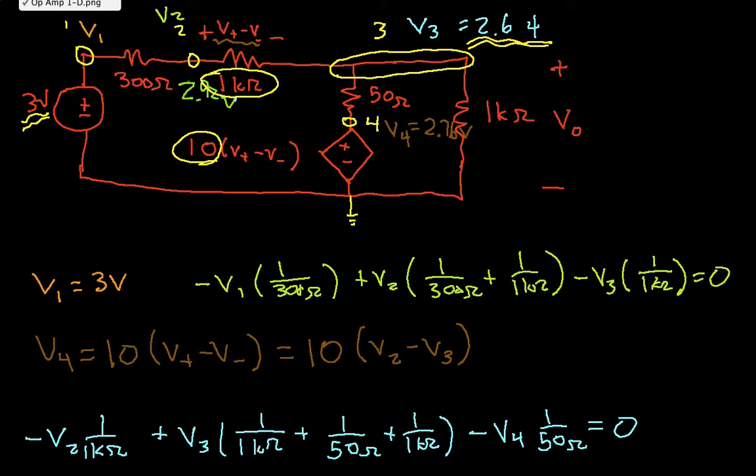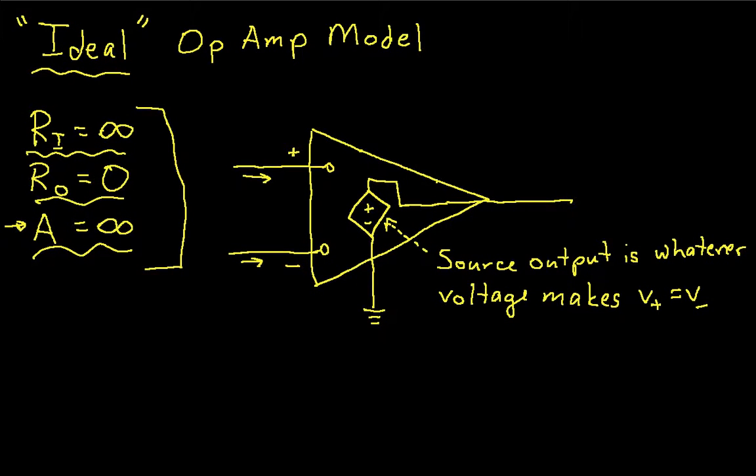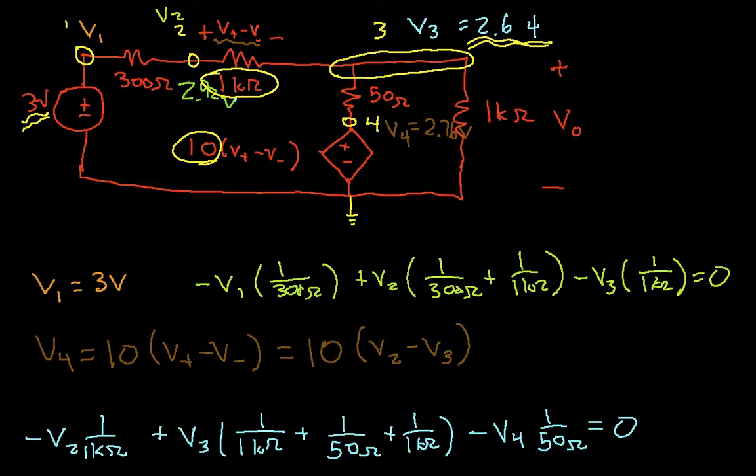Okay, so if we go back, whoops, we seem to have destroyed our voltage follower circuit. So what we'll do is clean this up and redraw our voltage follower. We had 3 volts and 300 ohms.